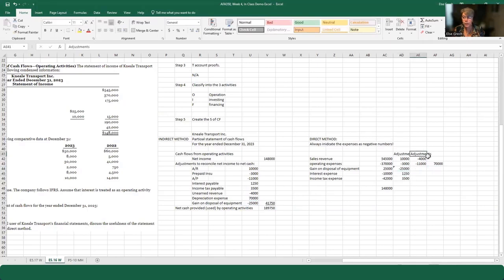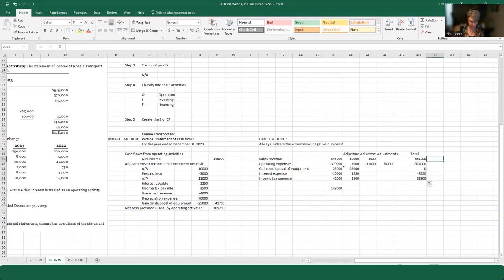Okay, so I had one additional adjustment. There we go. So now I'm going to take the total. This is the cash received from customers.